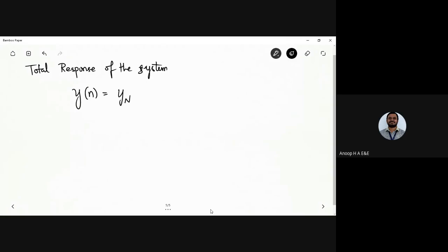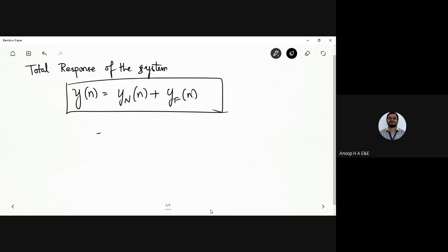And the total response of the system, y of n, is equal to yn of n plus yf of n. So y of n would be equal to k times 0.6 power n minus 2 times 0.4 power n. So that is y of n.